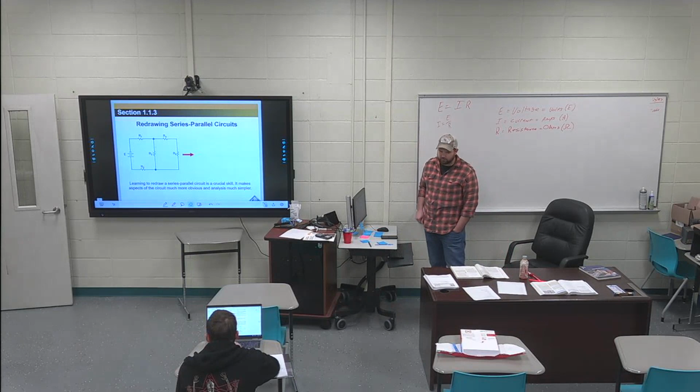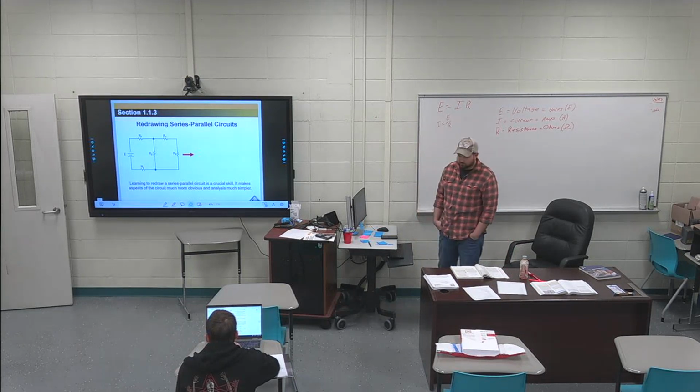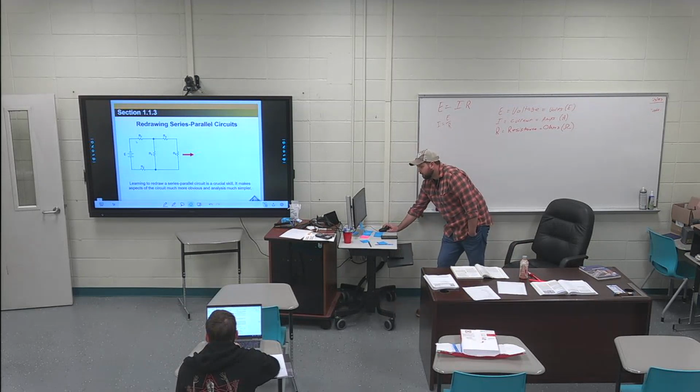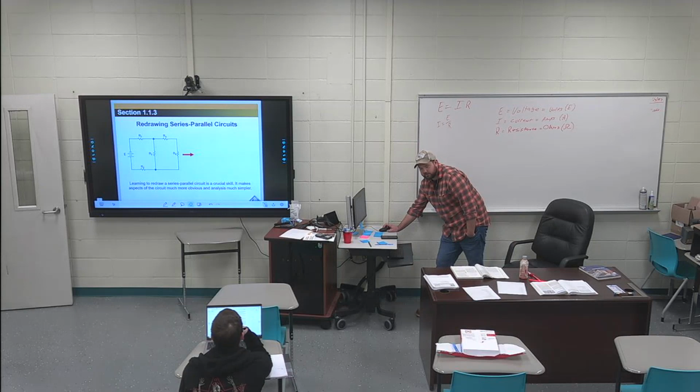So they give you this circuit right here. That looks pretty confusing, right? But if you're just walking through, when you're comparing R1 to R2, are R1 and R2 in series or parallel? Series. Is R2 in series or parallel with R3? Parallel.